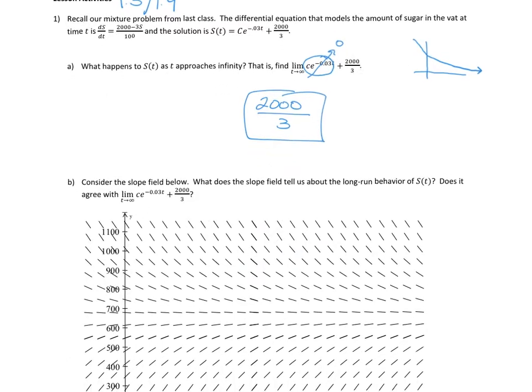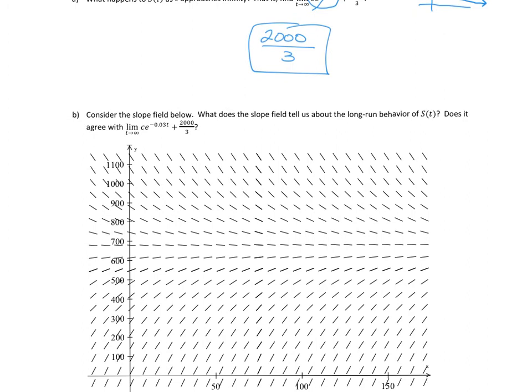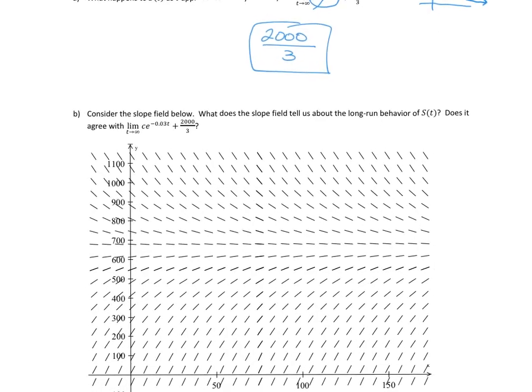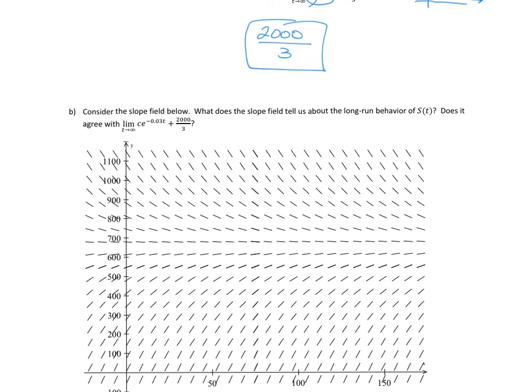Now, if we look at the slope field, what does that tell us about the long run behavior of s of t? Pick some initial conditions. If we start with 100 grams of sugar and follow the slope field, it looks like it's going like that.